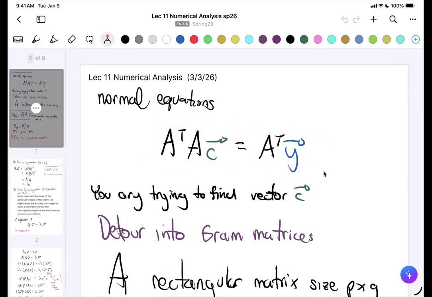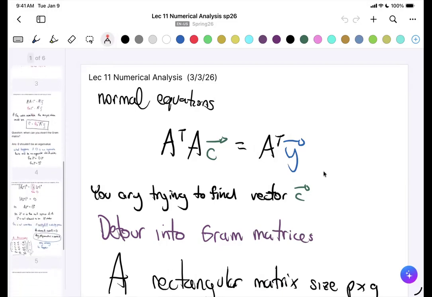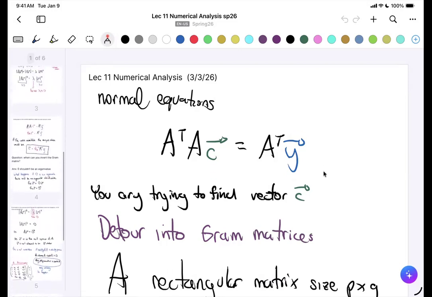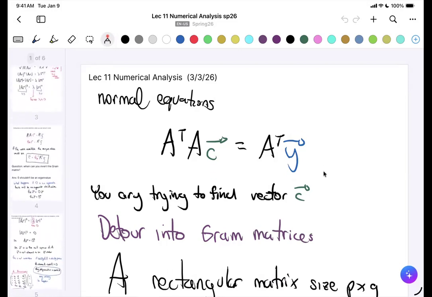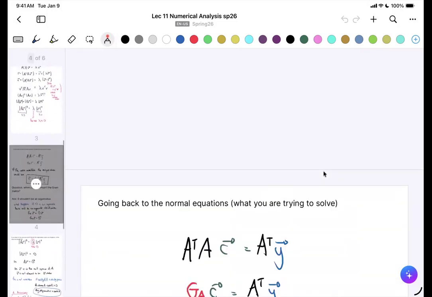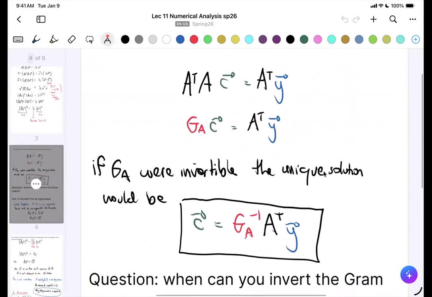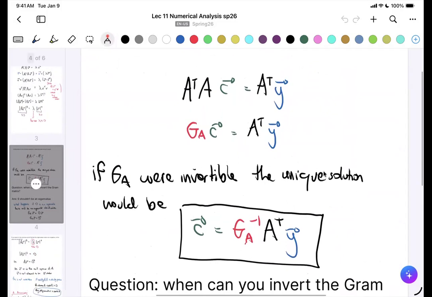The y vector here was a vector of y values of the data points, and the matrix A was found from the x values of the data points. The last thing I told you is that in most cases it is very realistic to expect this matrix A transpose A to be invertible.